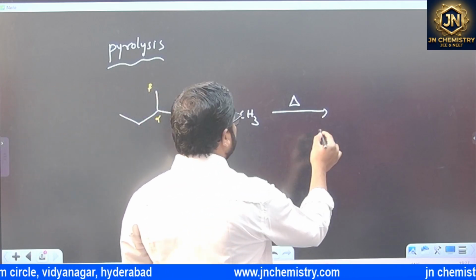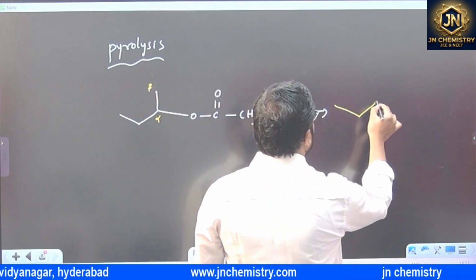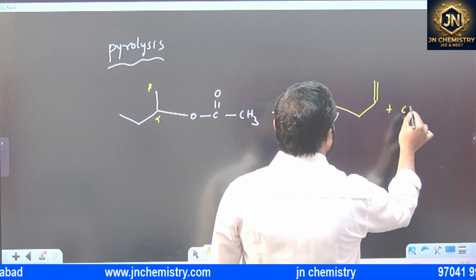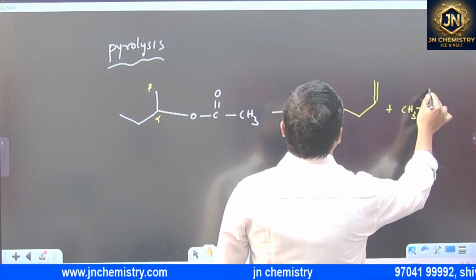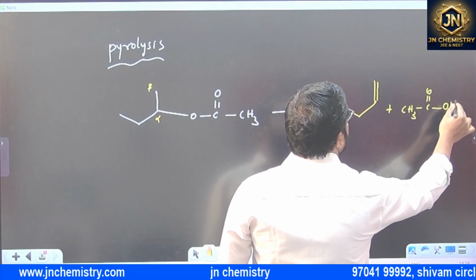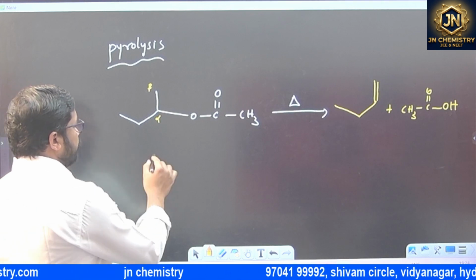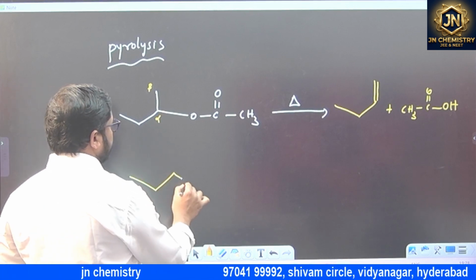Particularly, first I'll tell the product. This product is forming plus CH3, C double bond O, OH, carboxylic acid is forming. What exactly happens here?